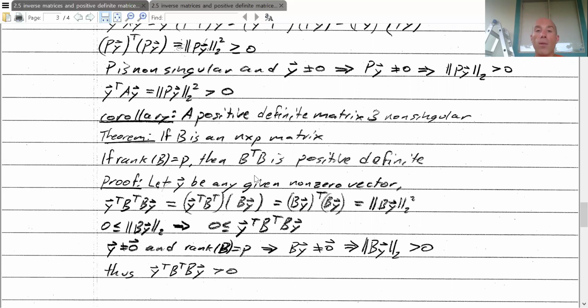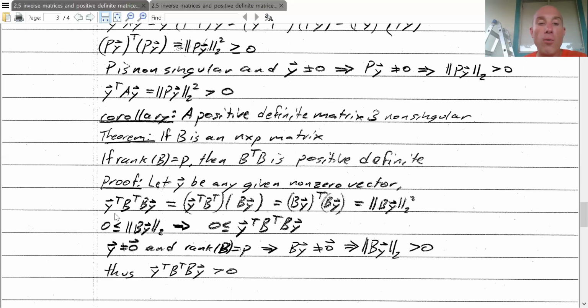Okay, well, let's see what we can do with this. So I need to prove that if I take any non-zero vector, multiply on the left by the transpose, and on the right by the vector, I have to get a positive number. All right, so y is not equal to the 0 vector.